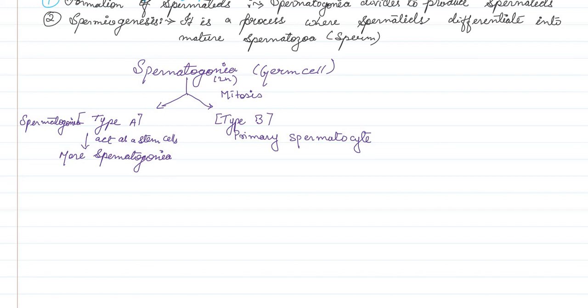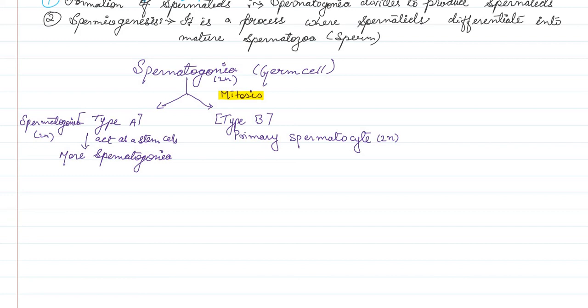Spermatogonia, the chromosome number is diploid, and here also diploid, and the primary spermatocyte is also diploid in nature. Then the chromosomes are diploid. In mitosis, the chromosome numbers remain unchanged. Okay, the chromosome number never changed.